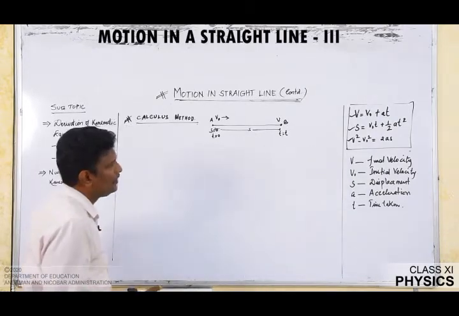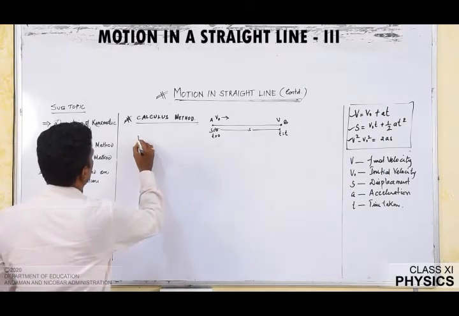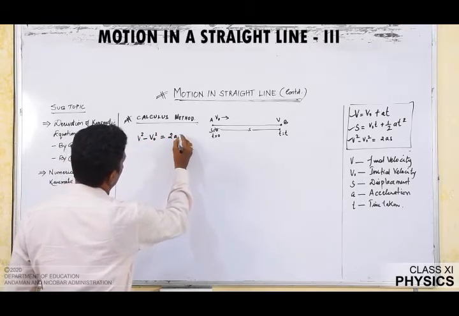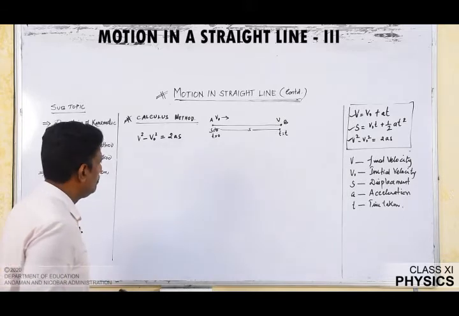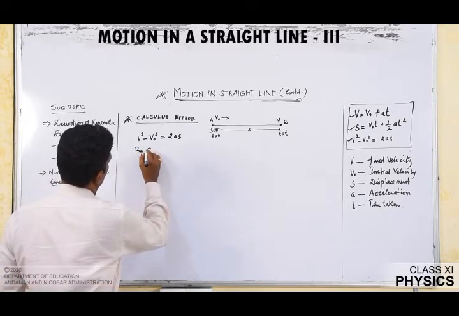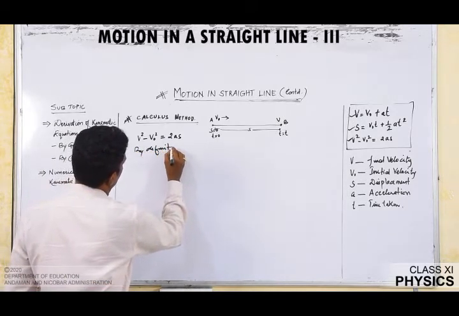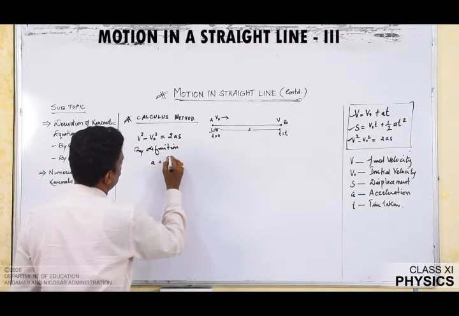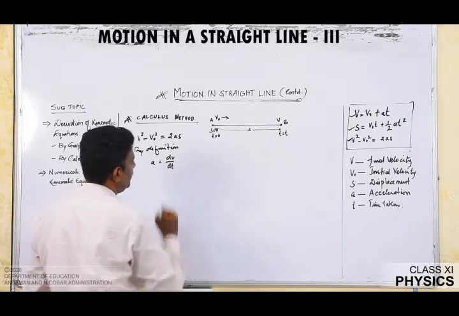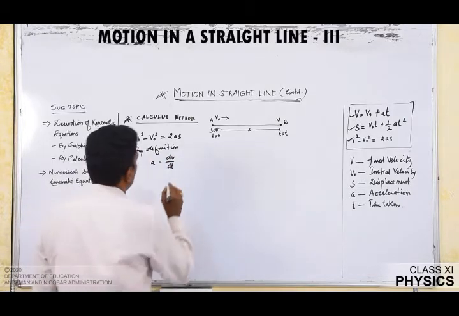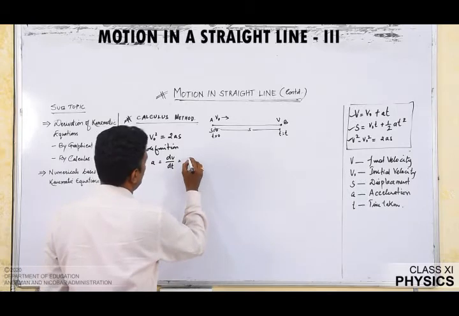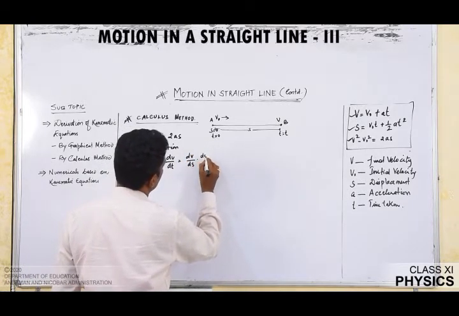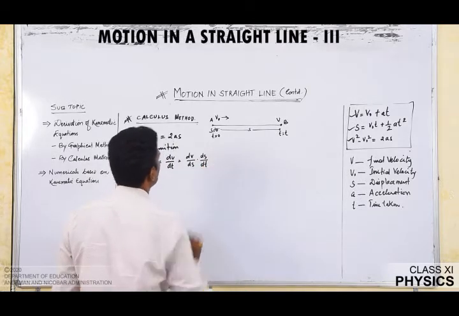Let us go for the third equation, that is V square minus V naught square is equal to 2as. By definition, we know that A is equal to dV by dt. Further, it can be written as dV by ds into ds by dt.